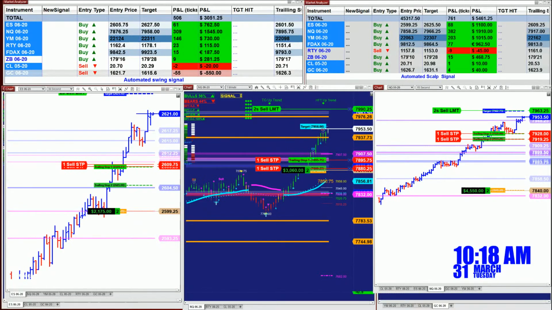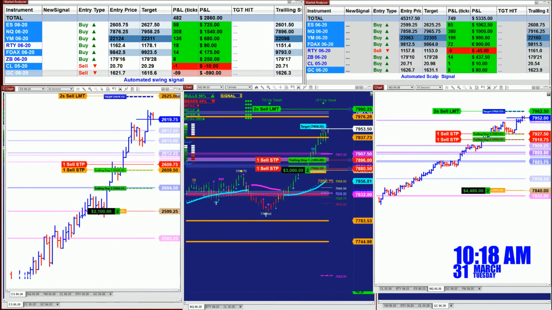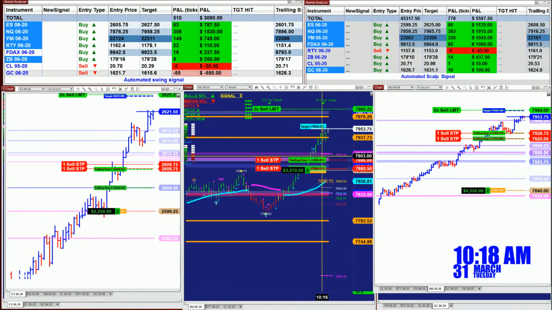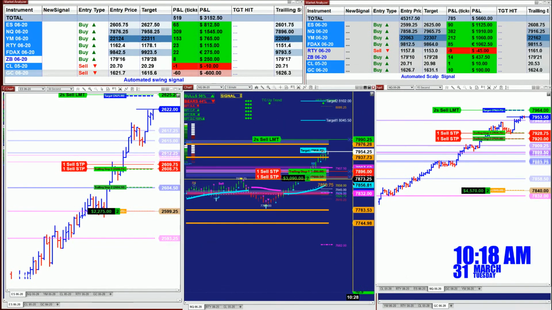This is amazing, and of course you can use it on a micro account, or you can take 3 trades out of it and use one contract, or you can use 4 contracts on it. It's up to you.